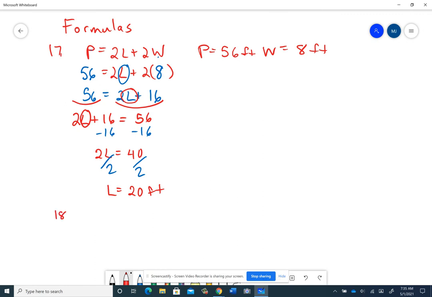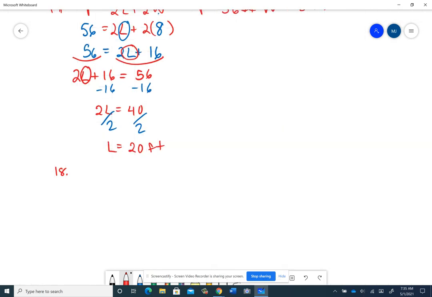Okay, on problem number 18, you're being asked to rearrange a formula. So on this one, we're given this formula. Remember, capital and lowercase letters matter, so pay attention to how they're written. You're solving for t, which means you want the formula rearranged so t is on a side by itself. So first thing I'm going to do, since the variable I want to solve for is on the right, I'm going to interchange the two whole sides.